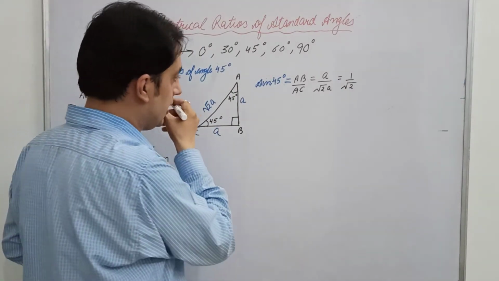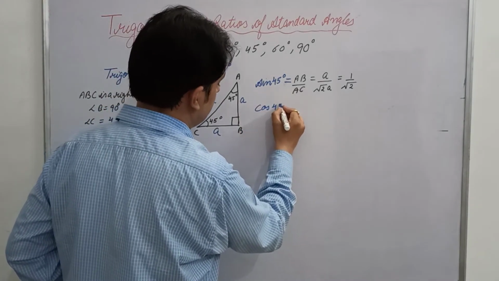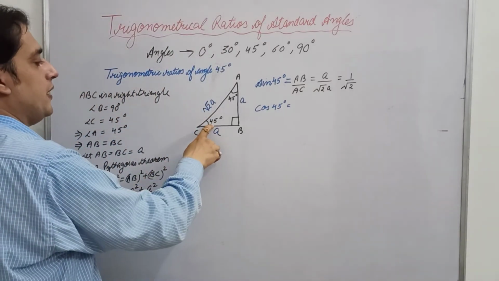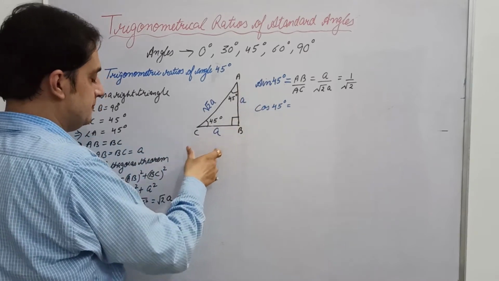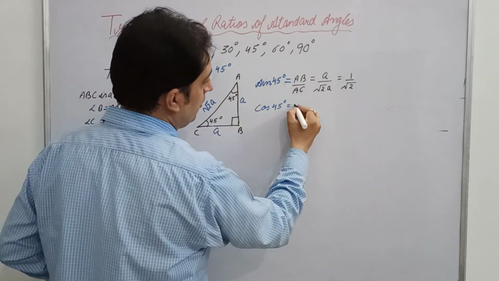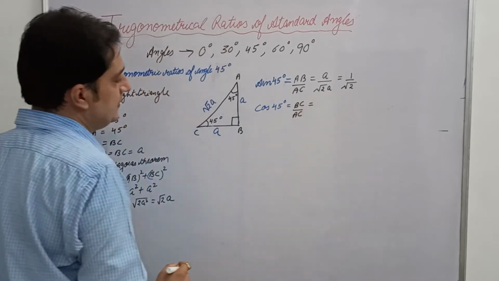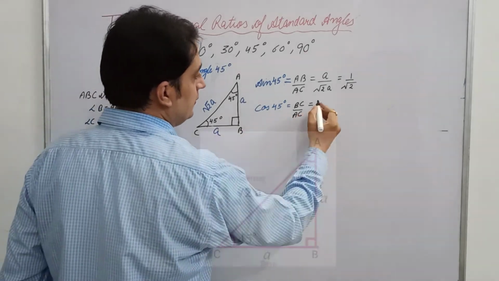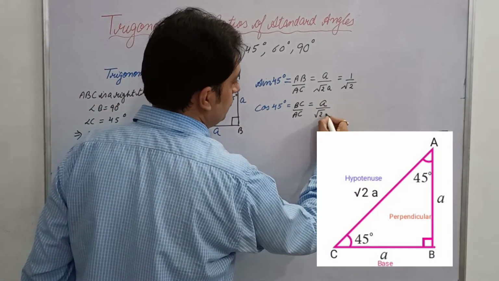Now take the value of cos 45 degree, the second ratio. For this angle 45 degree, the side AB is perpendicular and BC is base. Now BC upon hypotenuse, that is BC upon AC. The value of BC, the side of the triangle, is A, and the hypotenuse is root 2A.